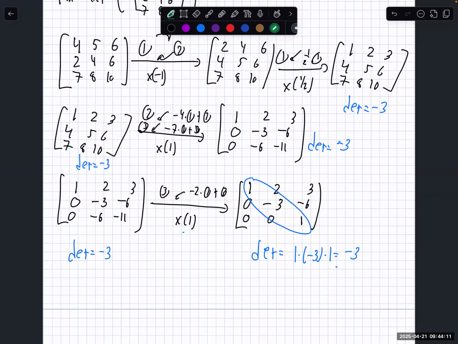To get a determinant of -3, I multiplied this determinant by 1/2. So what was the determinant before I multiplied by 1/2? Right, the determinant was -6. And then finally, I multiplied the determinant by -1 and got -6. So the original determinant must be 6.